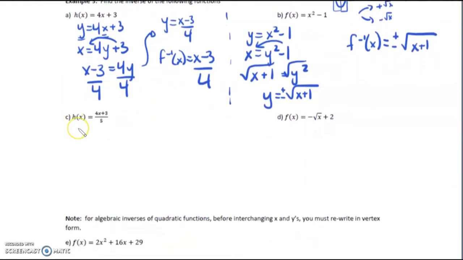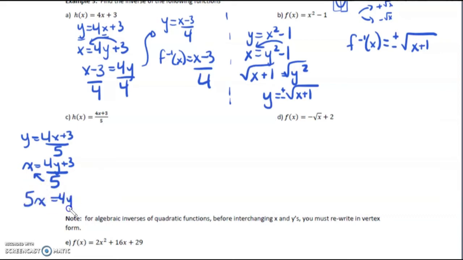Okay, scroll down. C is also linear, just looks a little bit different. y equals 4x plus 3 over 5. Let's exchange the x and the y, and now just isolate for the y. So I'm going to cross multiply. We get 5x equals 4y plus 3.